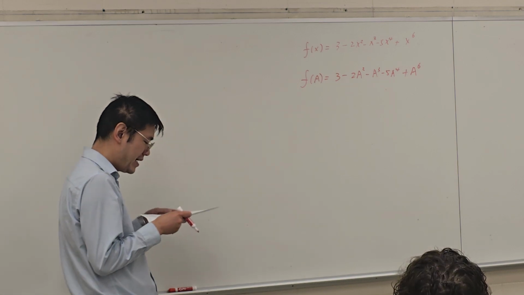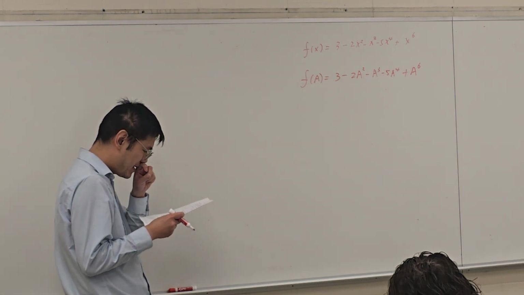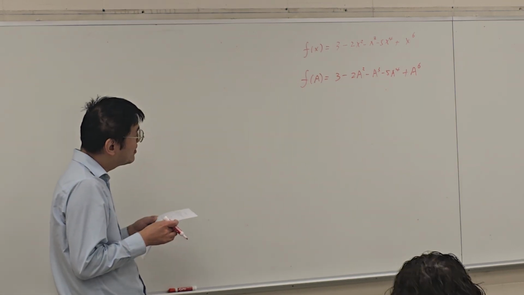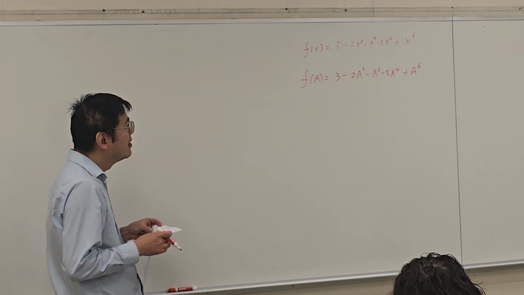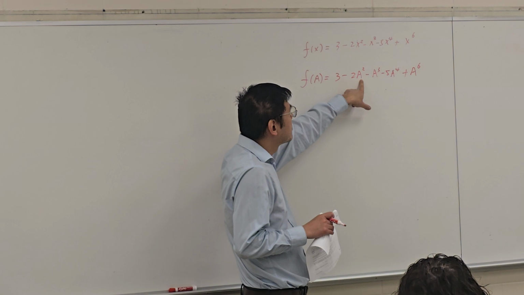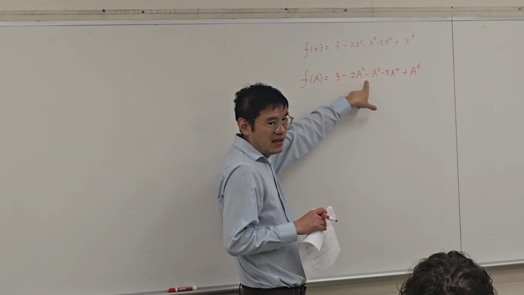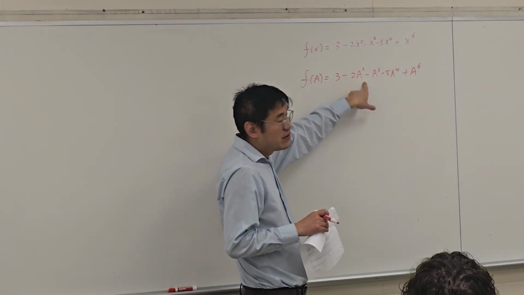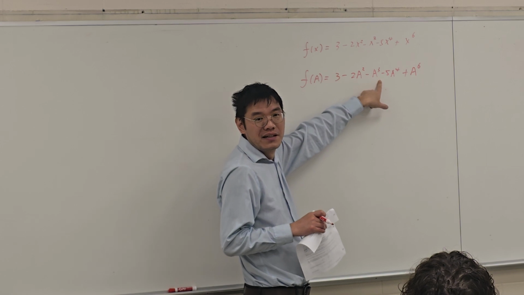This 3 has to become an identity matrix, right? You cannot just add a number to a matrix. If A is a 2 by 2 matrix, what is A squared? 2 by 2. A cubed?